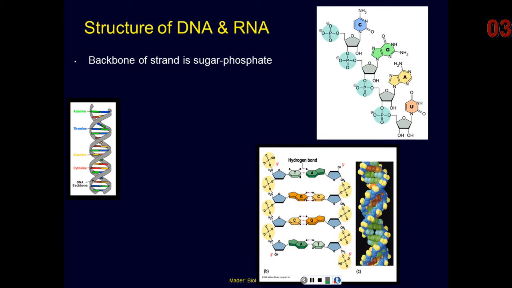So if we were going to take a look at RNA, RNA is a single-stranded molecule of nucleotides that are covalently bonded together. That's basically the structure we just analyzed. Here's my RNA right here. Notice that's uracil, adenine, guanine, and cytosine right there.